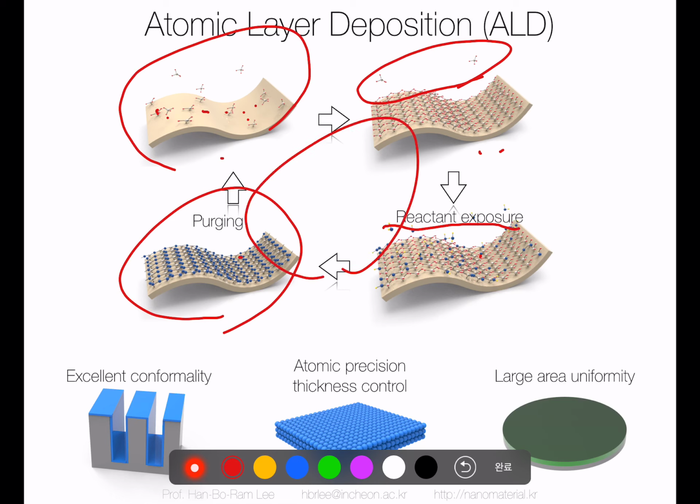The thickness is very easily controlled by the number of ALD cycles. Also, since we wait for full coverage of the precursor on the surface, we can make very large uniformity. The ALD film is very uniform even over display devices larger than 3 meter by 3 meter substrate. That is a pretty large substrate.